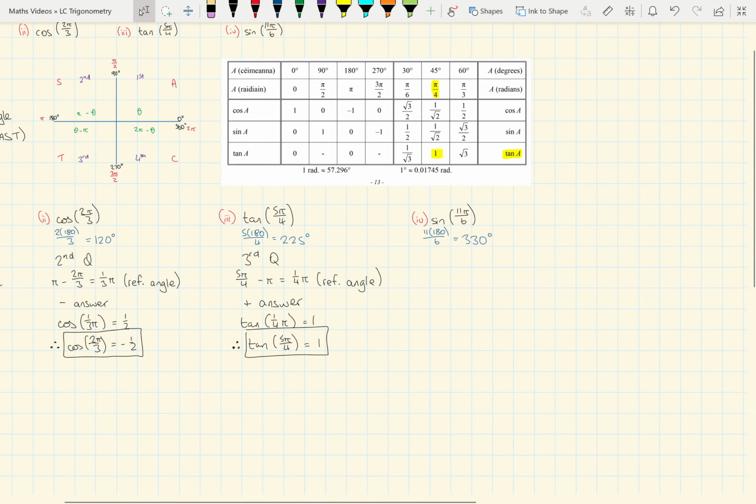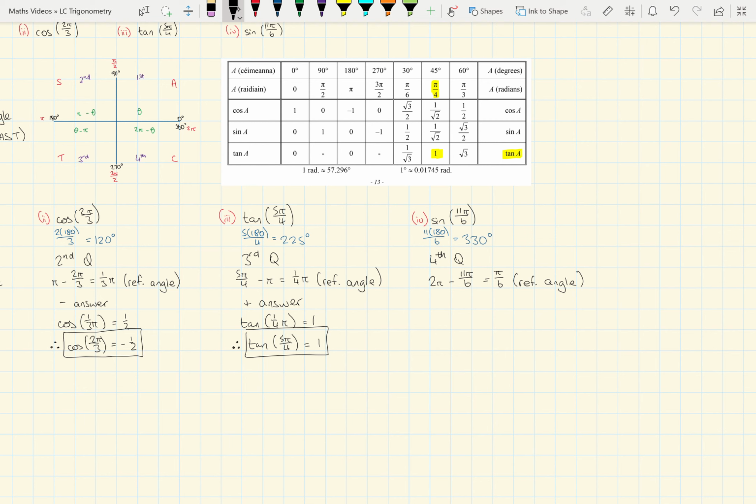So we know that's in our fourth quadrant. For your reference angle, it'll be 2 pi minus your original. So into your calculator, 2 pi minus 11 over 6 pi will give you pi over 6 as your reference angle, or the calculator might call it 1 over 6 pi, same angle.